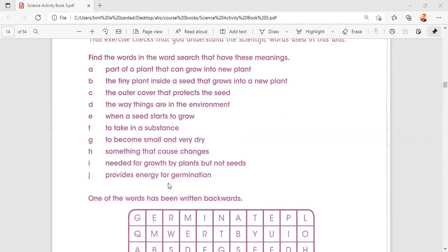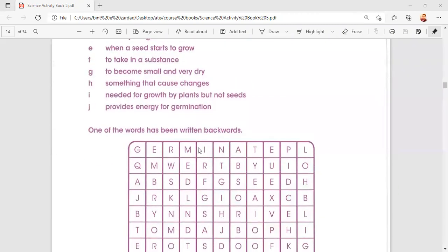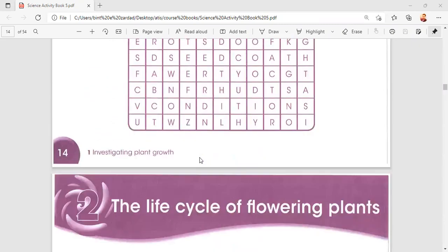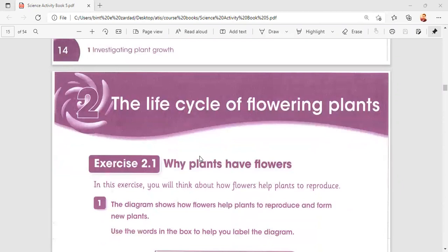Provide energy for germination, food store. Needed for growth by plants, but not seeds. Light, something that causes changes in the environment. Okay, the lesson after this is unit 2, the life cycle of flowering plants.